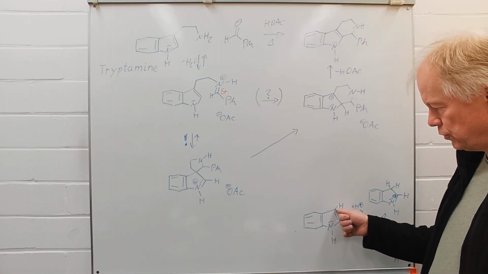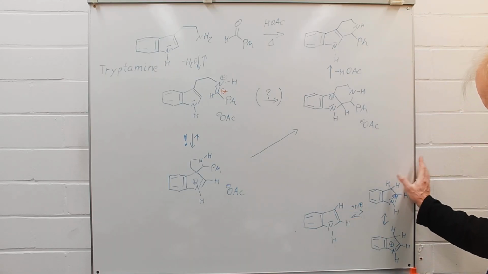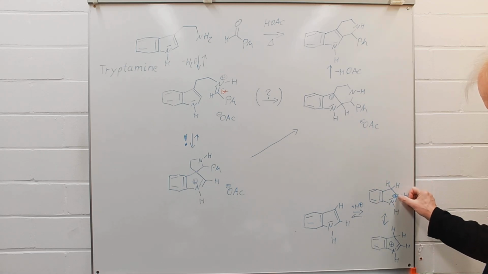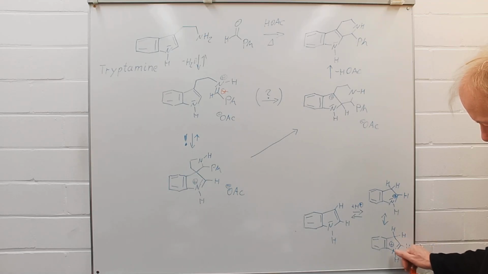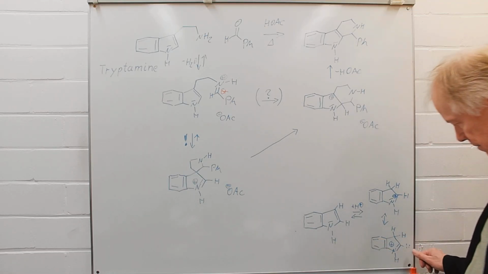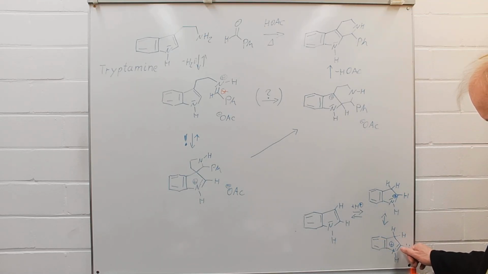If we protonate here to give this iminium, this cation, then it is stabilized as an iminium cation here. And we have one mesomeric structure.